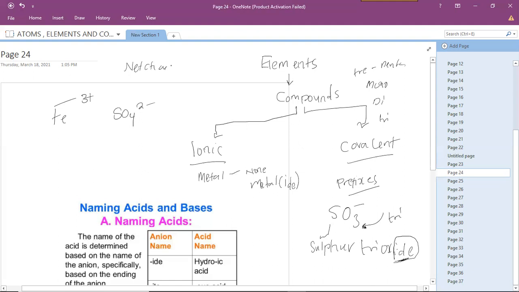So remember, I told you in the previous lecture video that all ionic compounds and all covalent compounds are electrically neutral. For them to be electrically neutral, the number of positive charges has to be equal to the number of negative charges.